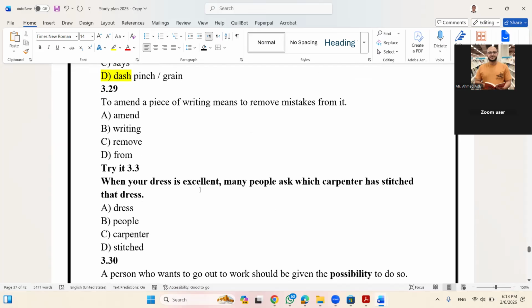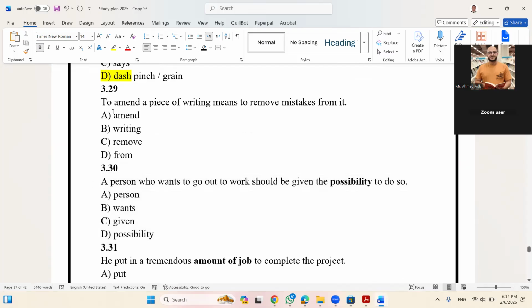Number 29. To amend a piece of writing means to remove mistakes from it. Did you study writing at school? You remember the process of writing?